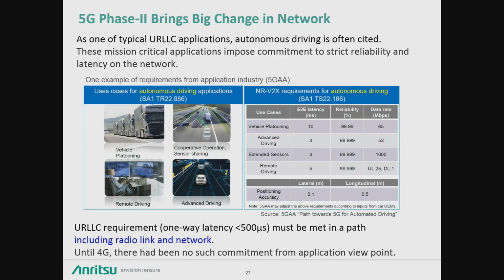Those that are familiar with the old 5 nines, we still have to guarantee the 5 nines of availability or reliability, and data rates in the neighborhood of 53 megabits to 1 gigabit per second. So you're looking at 1 gigabit per second over the air to a moving vehicle with latency less than 3 milliseconds at 99.999% availability. Yeah, no problem. Piece of cake, right?